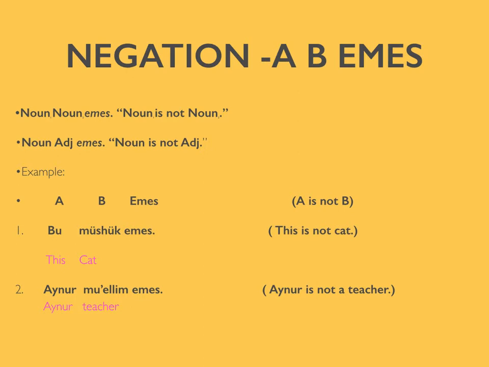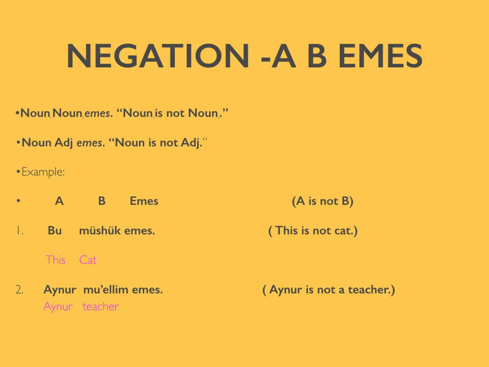So you just have to add the word ms. Example A, B, ms. Bu müşük ms. This is not a cat. A is not B. So if you put A, B, ms, it becomes this is not another noun. So A is not B.